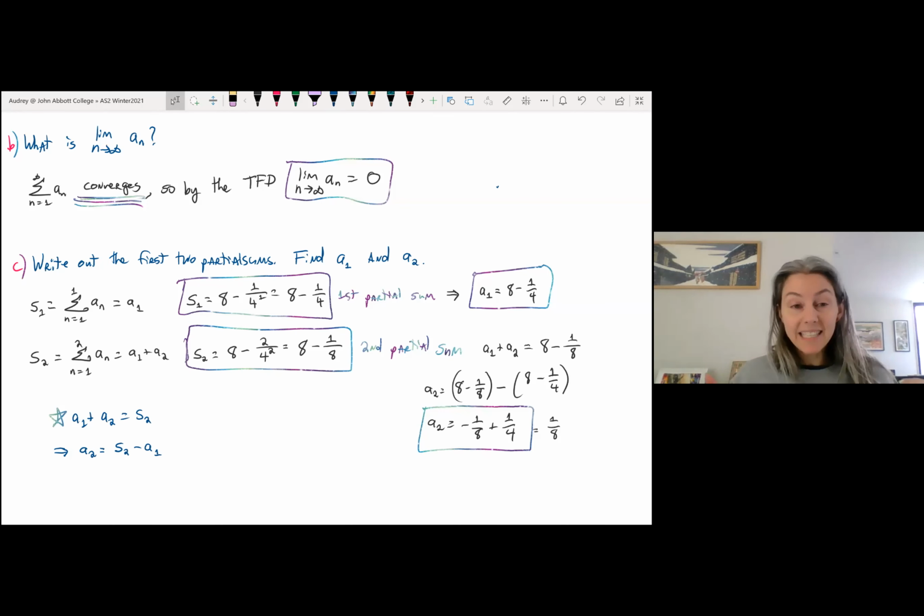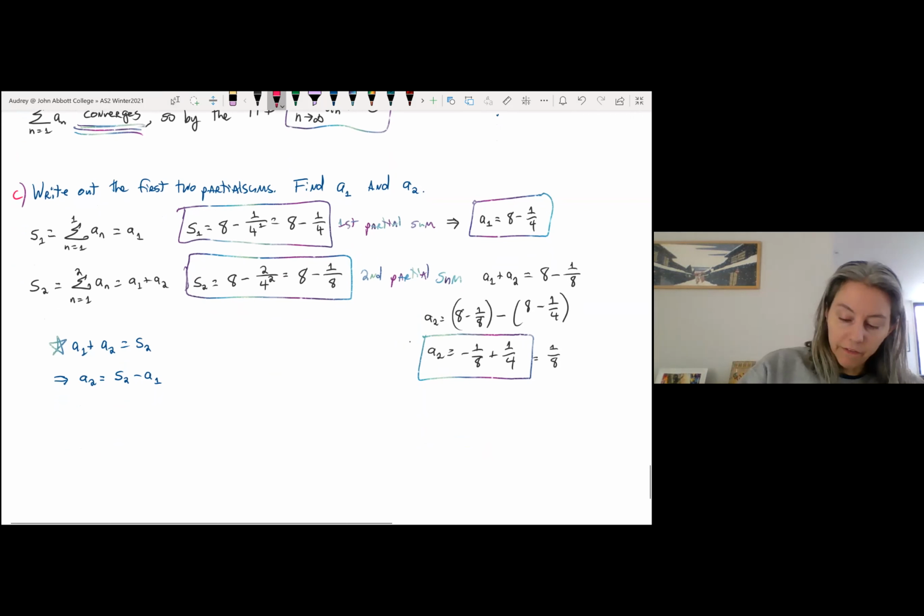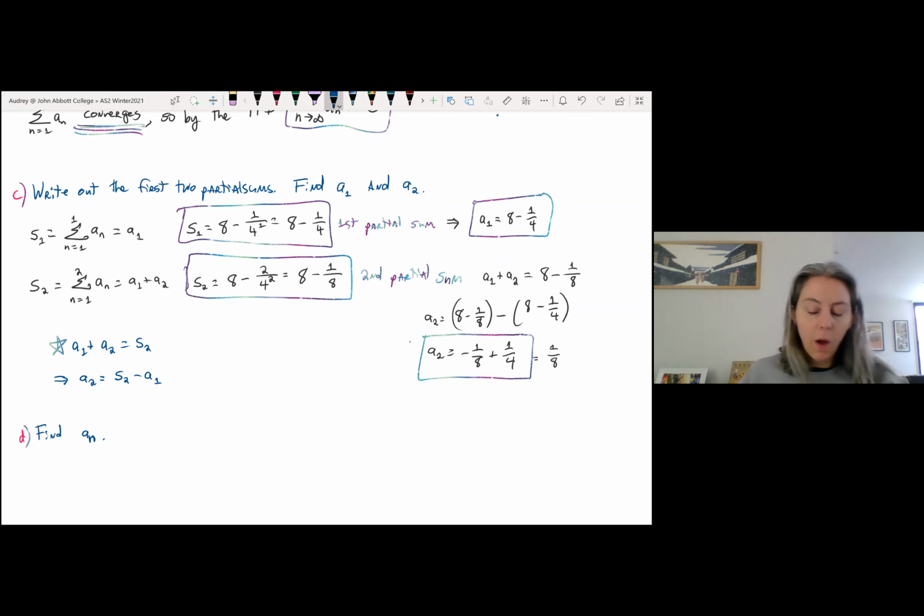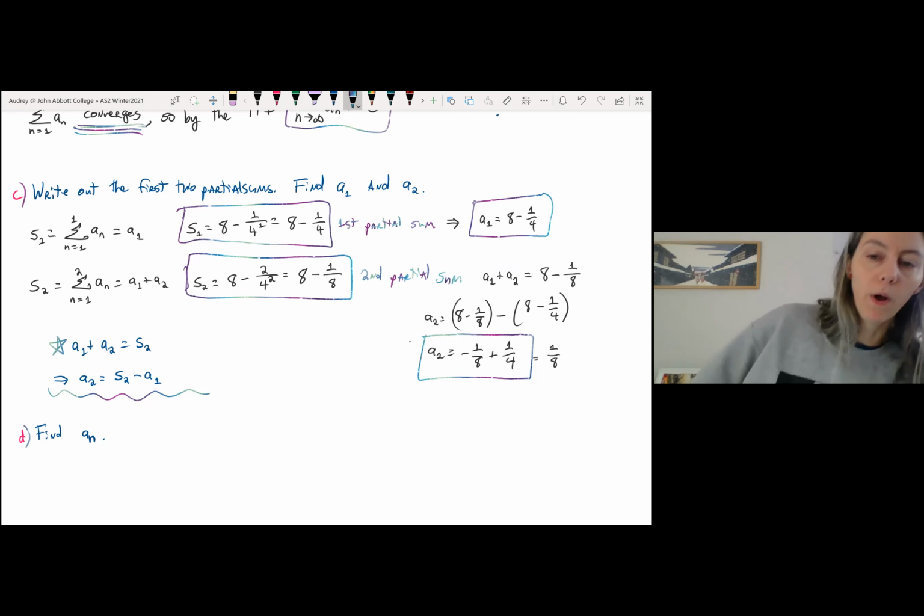Okay, so our last question that we're going to do here is find a sub n. Well, to find a sub n, we're going to think about this thing that we have right here, that a sub 2 is equal to S sub 2 minus a sub 1.